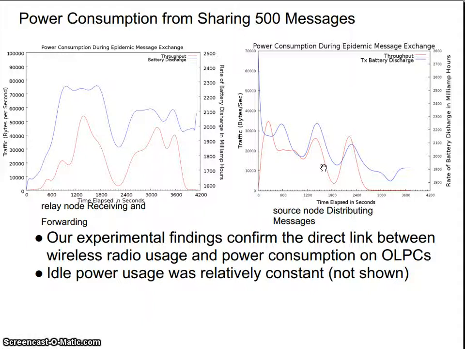We also showed that battery consumption and throughput, or wireless radio usage, are directly correlated. We weren't sure just how important it was to reduce our wireless usage, but we have shown that we can improve the battery life. For every packet we don't send, we can save a few milliamp hours of battery usage.